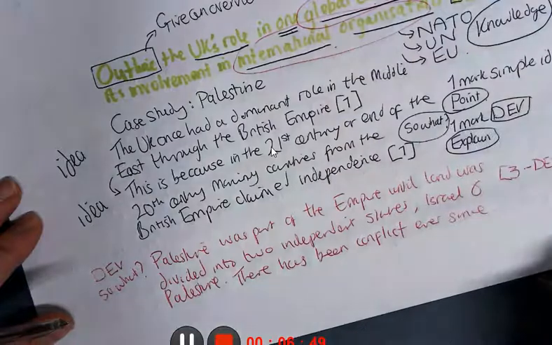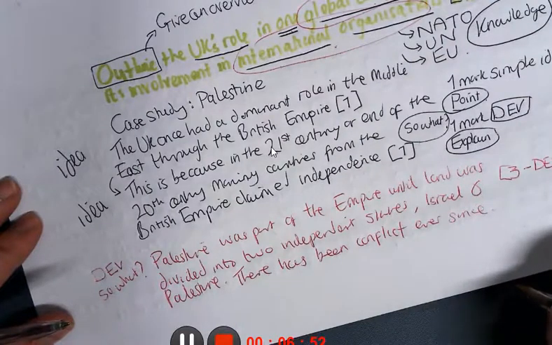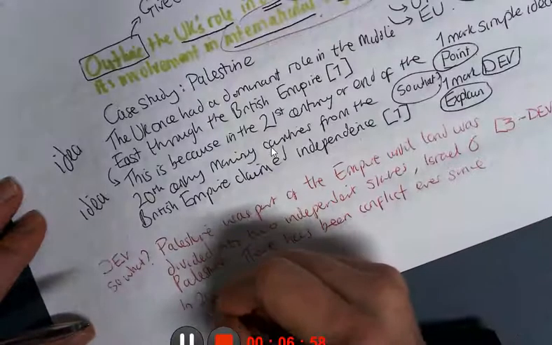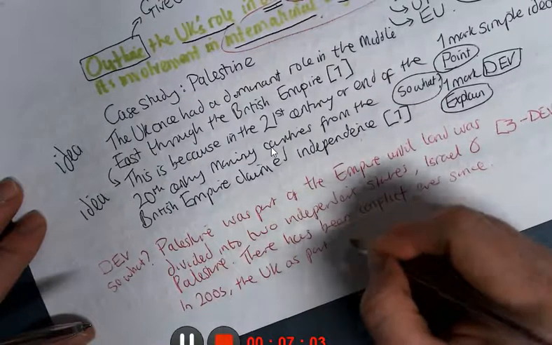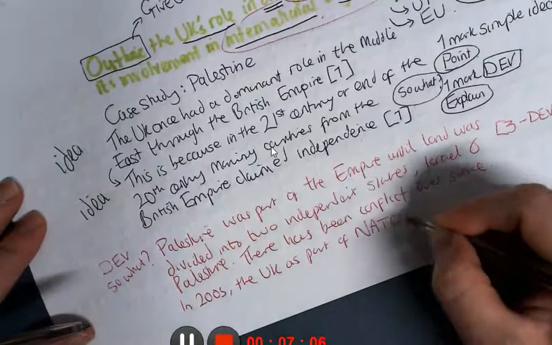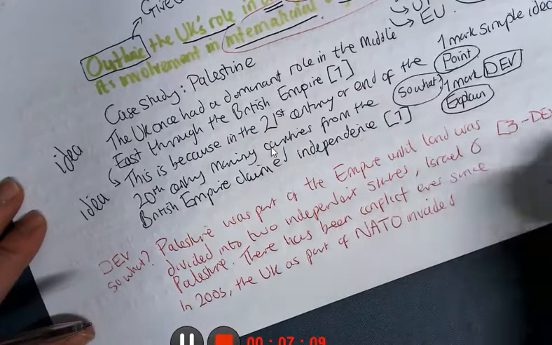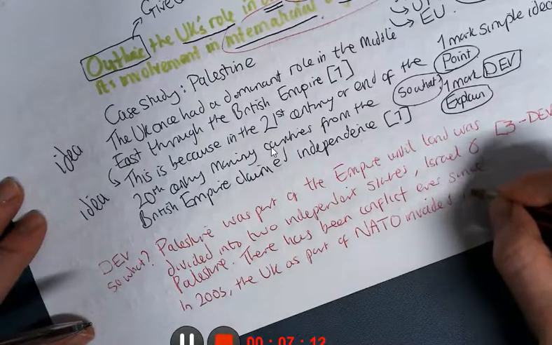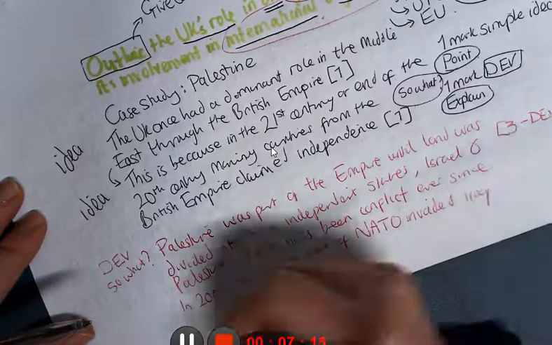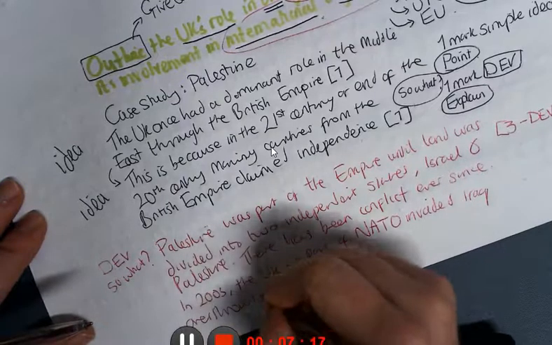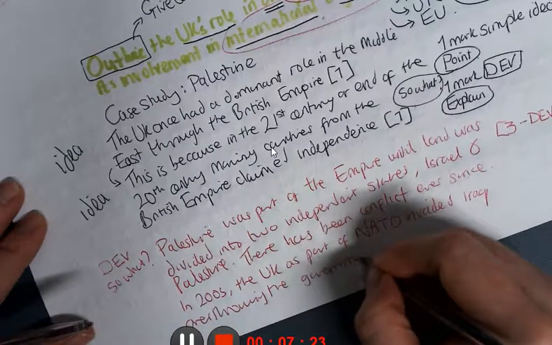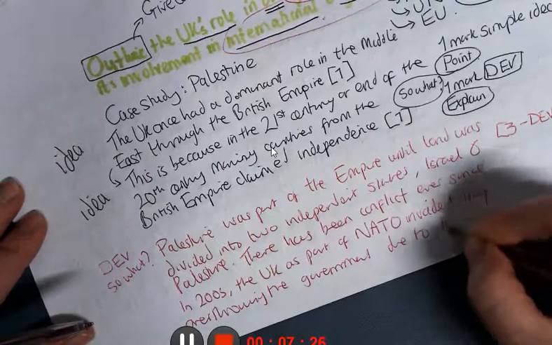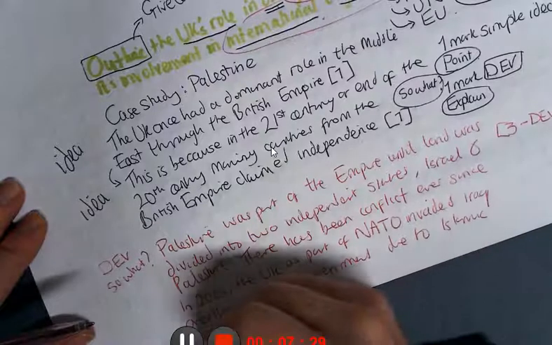What agency was the UK part of which invaded in 2003? So in 2003, the UK, as part of NATO, invaded Iraq, overthrowing the government due to Islamic extremism.